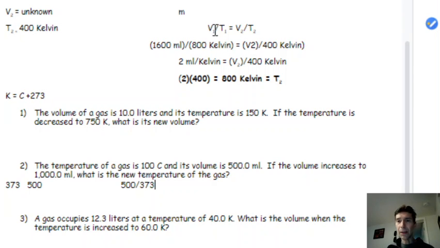So that's the V over T on the left. And on the right it says the volume increases to 1,000 mils. So that volume would be 1,000 on top. And we're solving for that second T. I would cross multiply on these. Cross multiplying is the easiest way to get to the answer, but when you cross multiply on that one, you get 746 Kelvin is your answer.